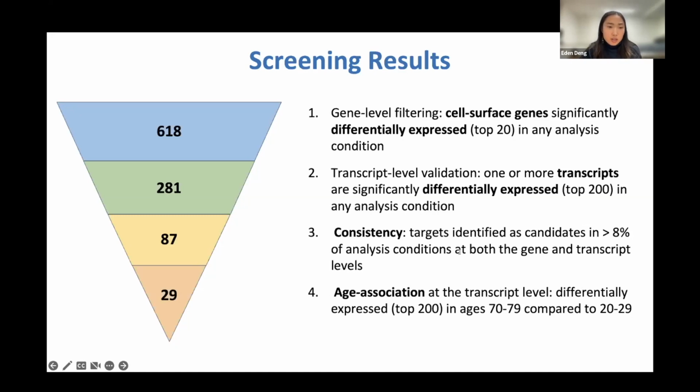There were 29 final membrane proteins that met these criteria. These were top differentially expressed at both the gene and transcript levels, followed by consistency across multiple analysis conditions, and then finally association with aging.